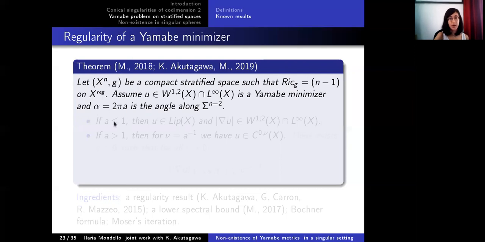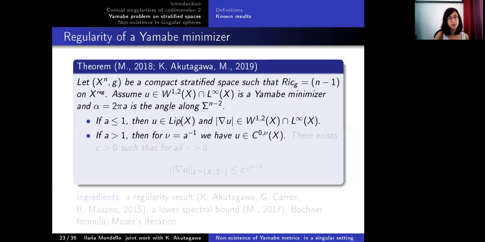So if the angle is less than 2 pi, then a Yamabe minimizer is actually a Lipschitz function, and you have a very good control of the norm of its gradient, which is bounded and Sobolev. While when A is larger than 1, you have something which is less good. The Yamabe minimizer is just Hölder continuous with this exponent nu here that is 1 over A, so it depends on the angle.